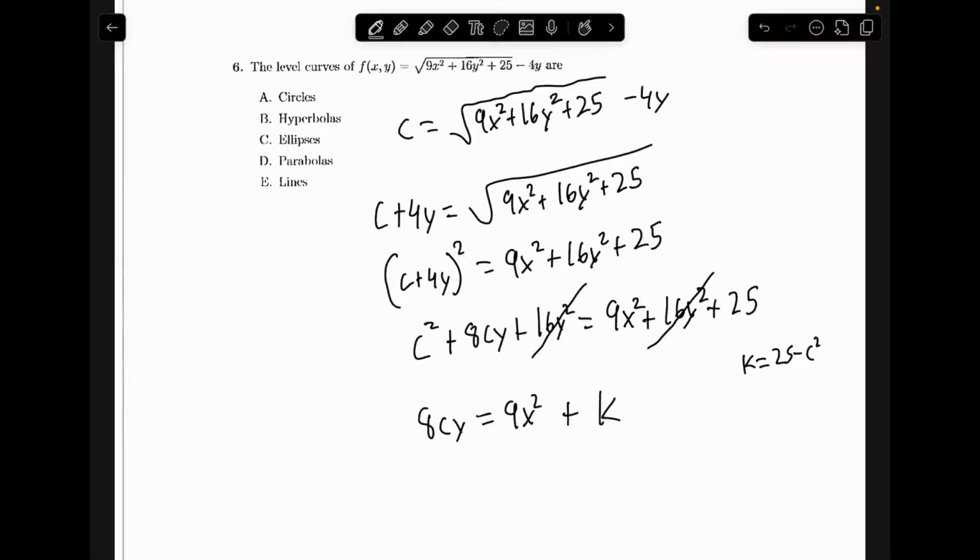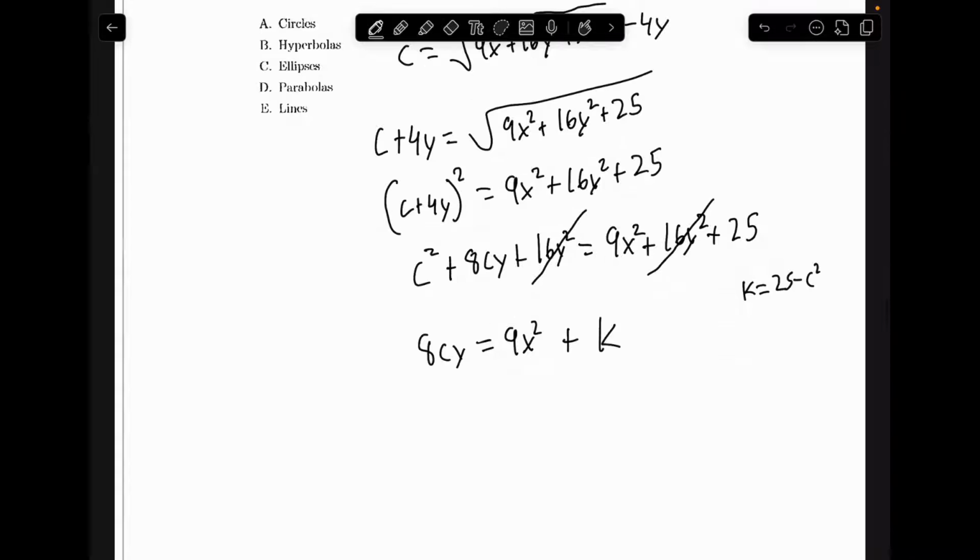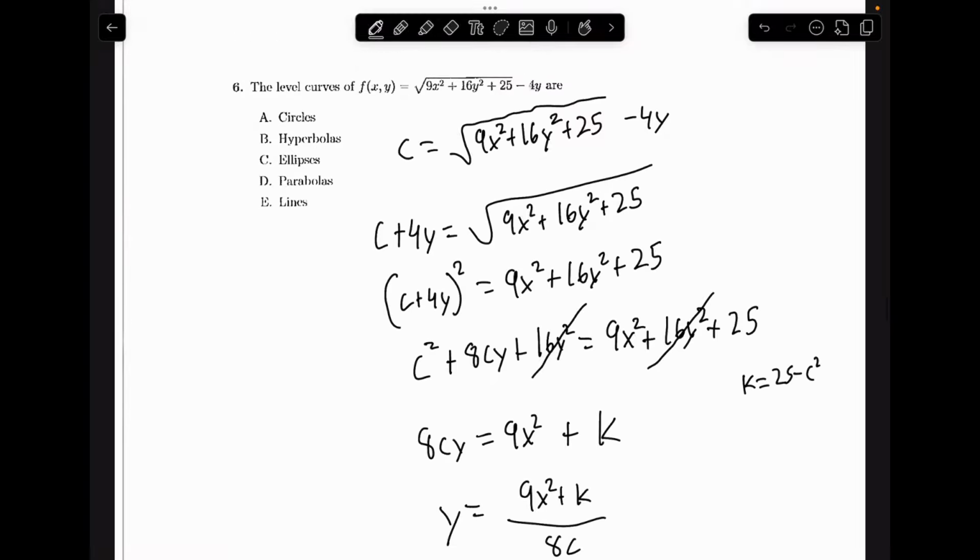So if we divide both sides by 8c, we're going to get y equals 9x squared plus k over 8c. If we match this, we're really just looking at a parabola, or answer D.